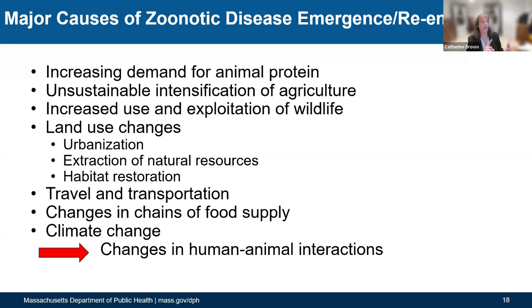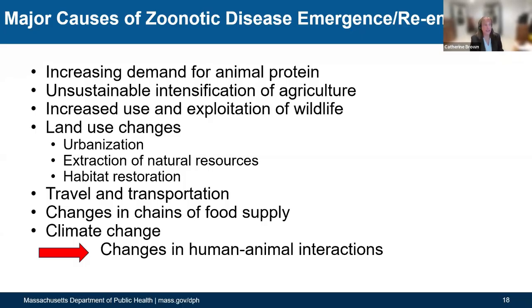And I'm just going to say that the intensification of agriculture, so taking up land to grow more crops, and then using wildlife for whatever purpose, both of those change and increase human animal interactions. And so in and of themselves, they may not be enough to drive zoonotic disease emergence, but if you think about them as increasing interactions between humans and animals, you can draw an easy connection with how they might impact disease transmission.